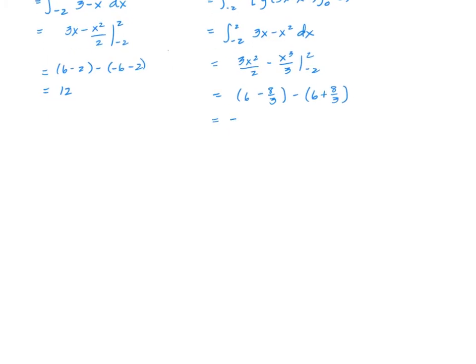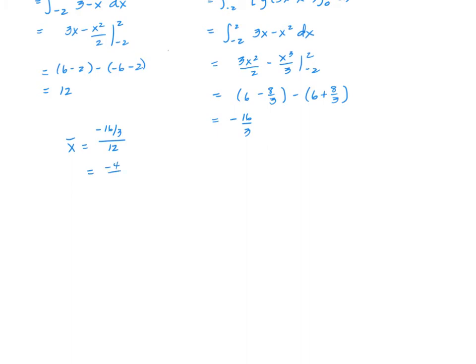So this would be a negative 16 over 3. That makes sense because remember I'm trying to find my x bar, which is going to be this negative 16 over 3 over the mass. So a negative number divided by a positive 12, it's going to give me a negative number, which I expected.